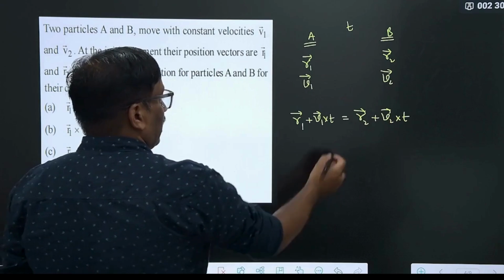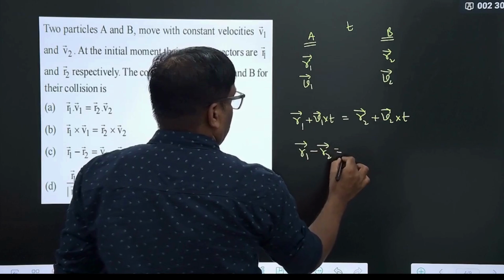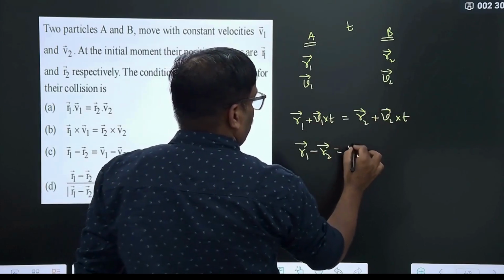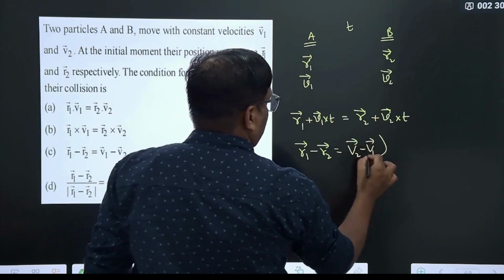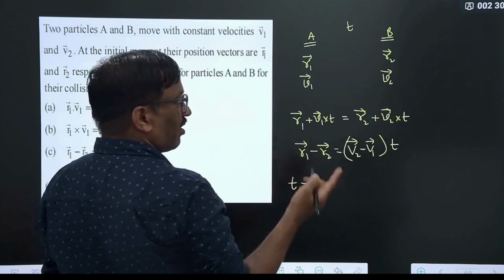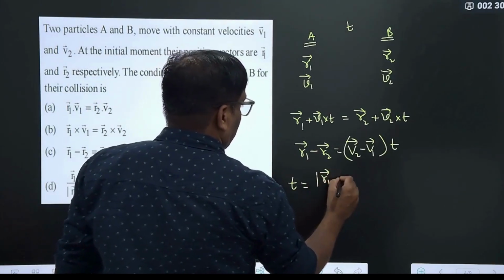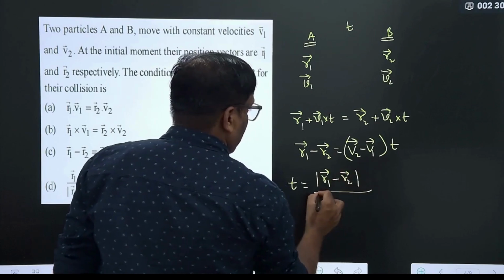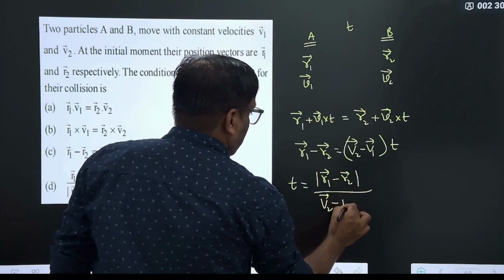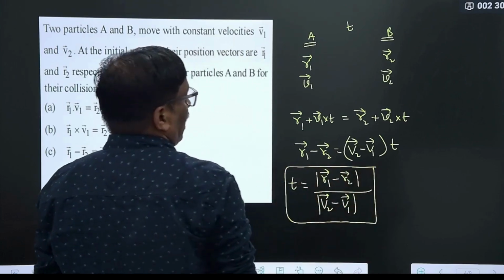So we can rewrite it as r1 vector minus r2 vector equals v2 vector minus v1 vector into t. Clear? So time t should be a constant, not in the form of vectors. So t equals the magnitude of r1 vector minus r2 vector divided by the magnitude of v2 vector minus v1 vector.